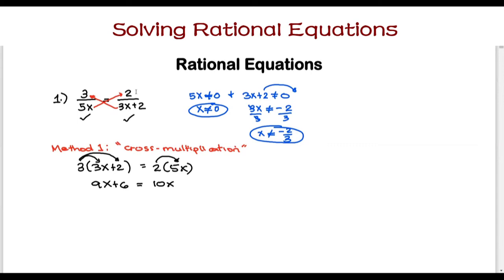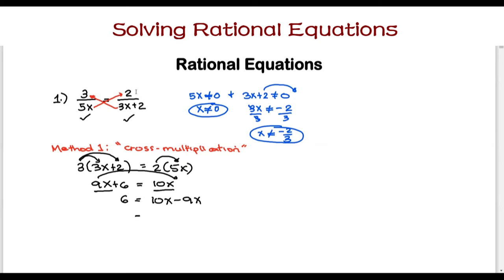We have 9x at saka 10x. Sino mas malaki? Si 10x. So, dun ko ilalagay lahat ng mga terms na may x. Stay dito si 10x, tapos yung 9x ililipat ko, so we are going to have negative 9x. Magbabago yung sign. Tapos yung constant na 6, dito siya.